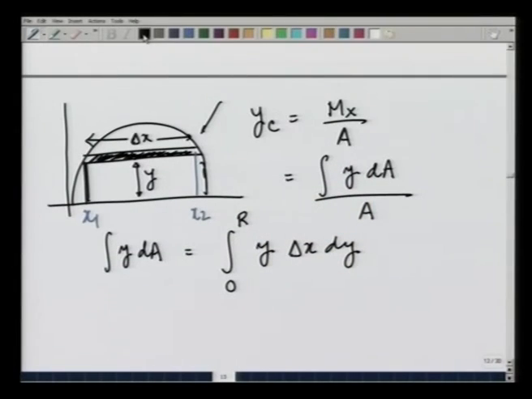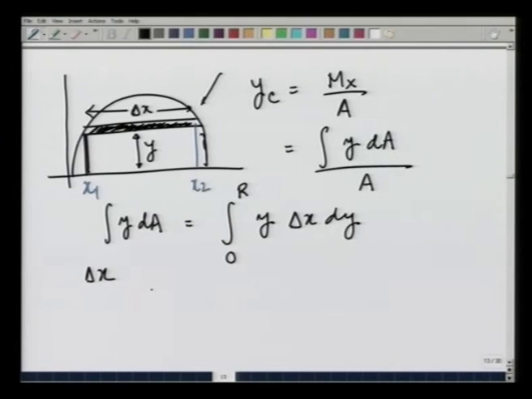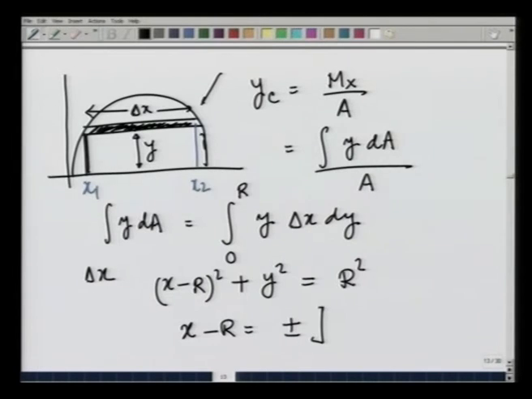To calculate the value of delta x, we again use the equation for the circle, x minus r square plus y square equals r square, and that gives me x minus r is equal to plus or minus the square root of r square minus y square.